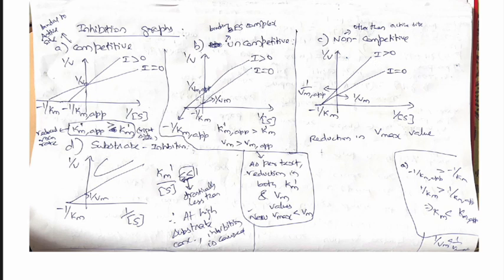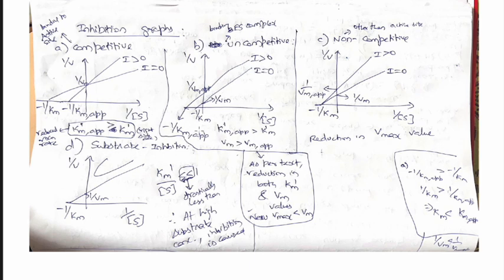The y-intercept value, if we see for uncompetitive, is 1 by Vm app, and when I is equal to 0, 1 by Vm, 1 by velocity maximum, is less than 1 by Vm app, that is the new value after inhibition. So 1 by Vm is less than 1 by Vm app, means Vm is greater than Vm app.